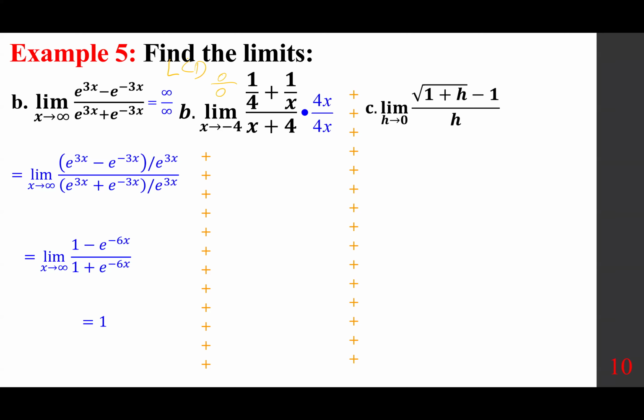So what happens when you multiply by 4x? You multiply these two, you get x. You multiply these two, you get 4. And the denominator, you don't do anything, okay? You just write it as a product. Because you're hoping that x plus 4 goes away, and it does. And now if you plug in, you get -1 over 60.